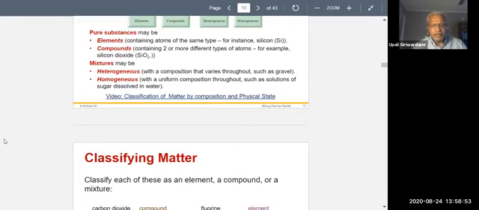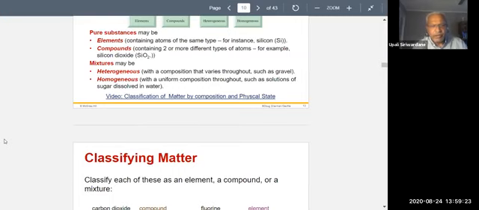Homogeneous is when everything is uniformly distributed throughout, such as a sodium chloride solution in water, or metallic solids. When two metals are mixed and heated, and they become a liquid, they are a homogeneous solution. Then when you freeze them, it becomes a solid where composition is the same throughout.